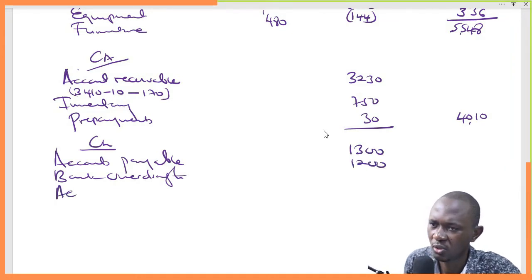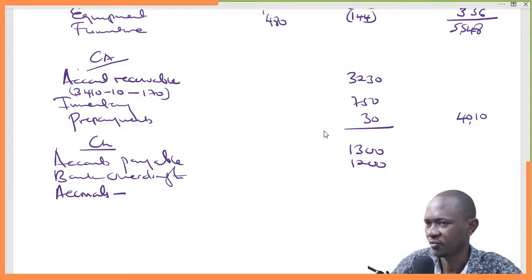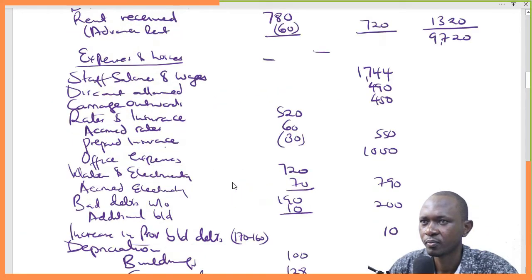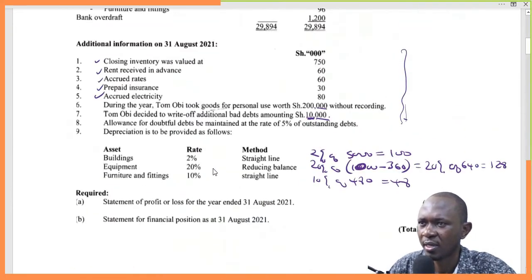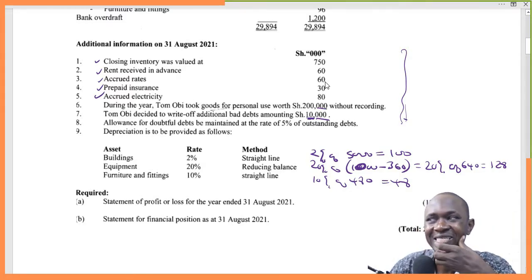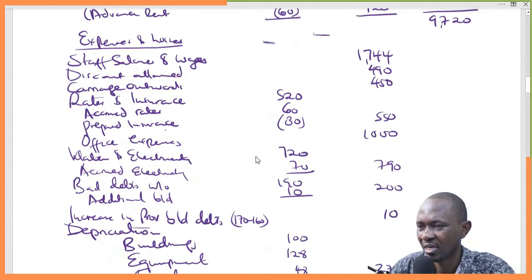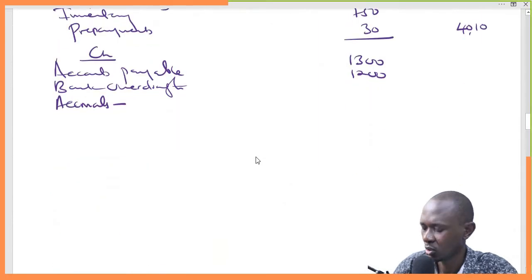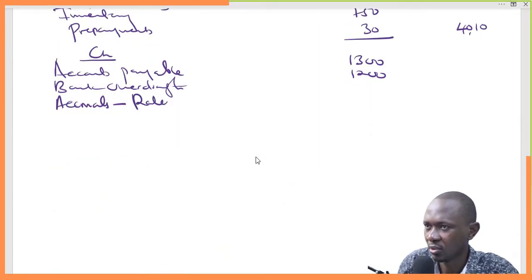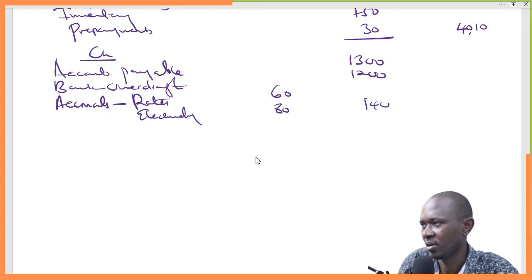Then let's go to the additional information where we have a lot of accruals and prepayments. So we have accruals and these are liabilities. So accrued rates 60, prepaid insurance, no. Accrued electricity 80. So rates 60, electricity 80. So total we are talking about 140.